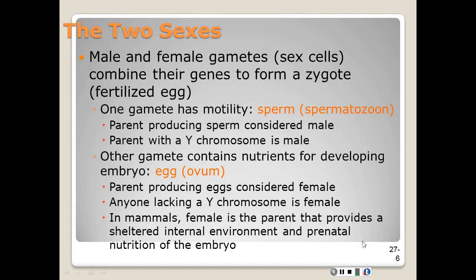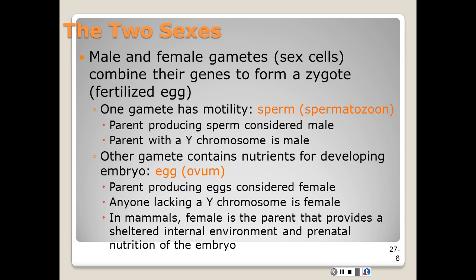So how do we form this zygote? This zygote is formed when the male and female sex cells combine with each other, and that's how we form this fertilized egg, also called the zygote. Now one gamete has mobility, which is the sperm, so it's able to move around and get from place to place very quickly.